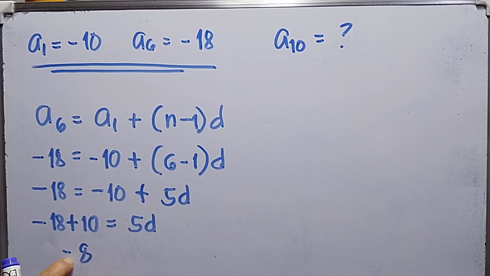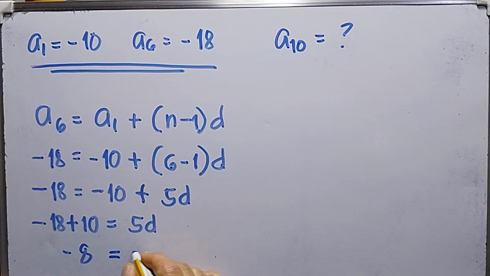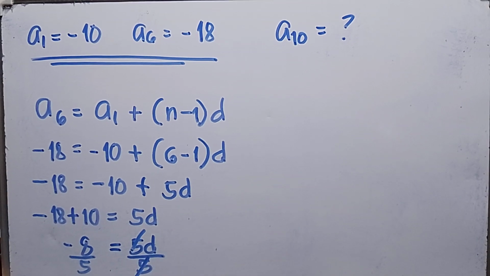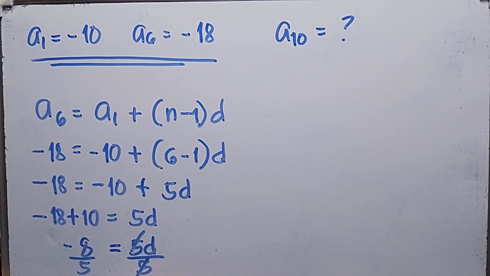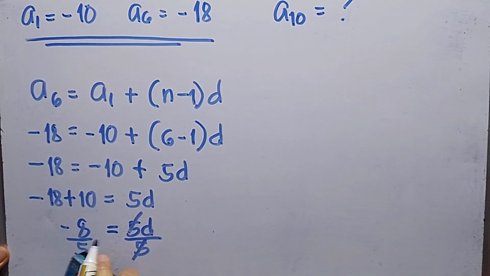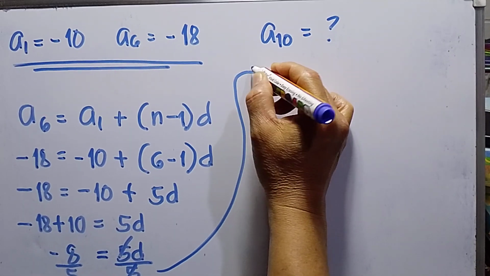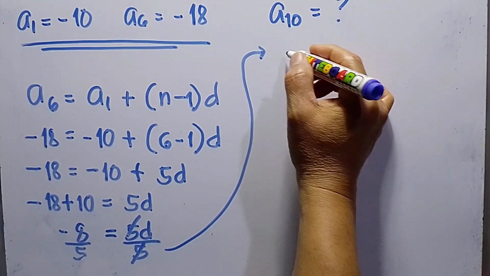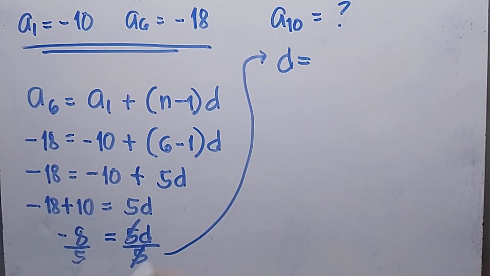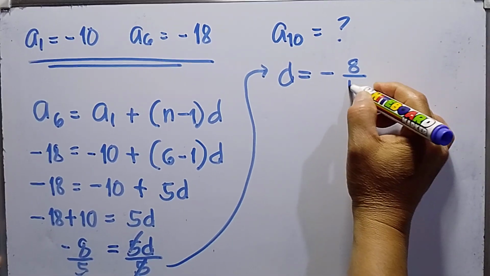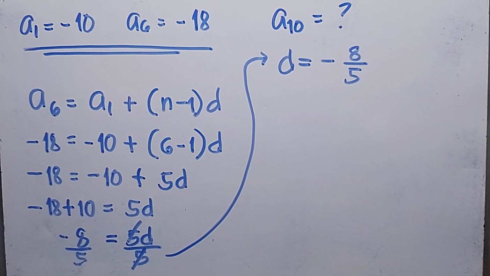So therefore, this is negative 8, and this will be equal to 5d. Solving for the difference, divide both sides by 5. So d is equal to negative 8 over 5. That is now the difference.